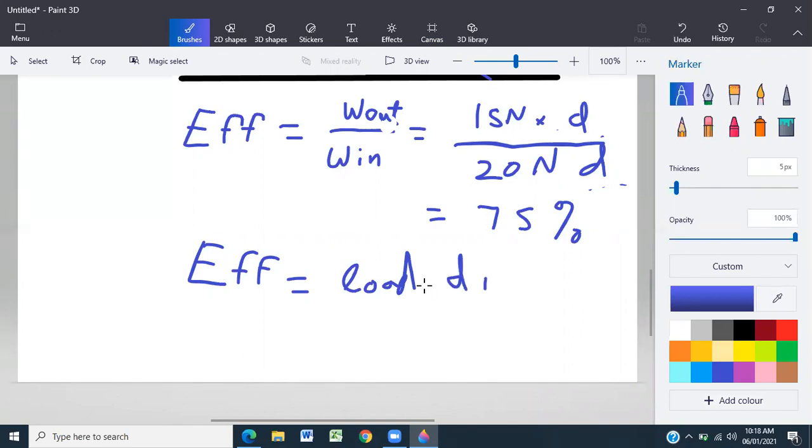And the work in is the effort, not to be confused with efficiency, times the distance traveled by the effort, so D2.